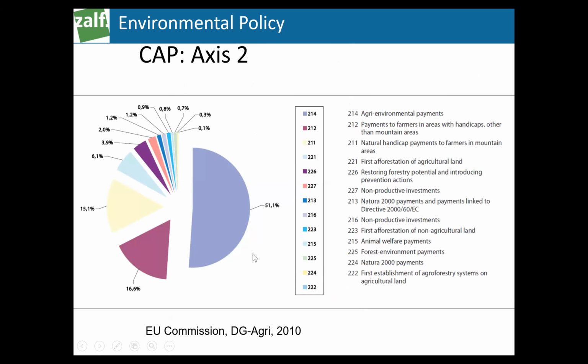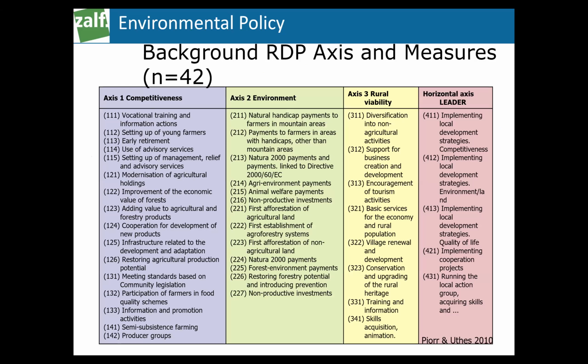If you look at the axis 2 only now, this is the environment column, this axis 2, we see different programs. It is now a more detailed insight from exactly, just let me go back. This is the axis 2, just not to lose the overview of rural development programs.